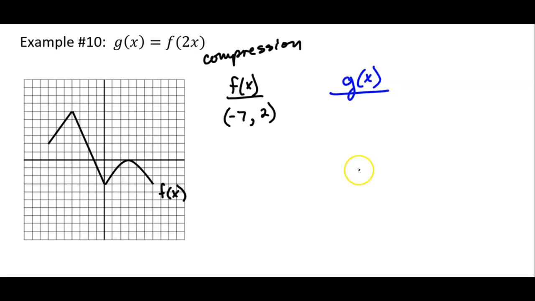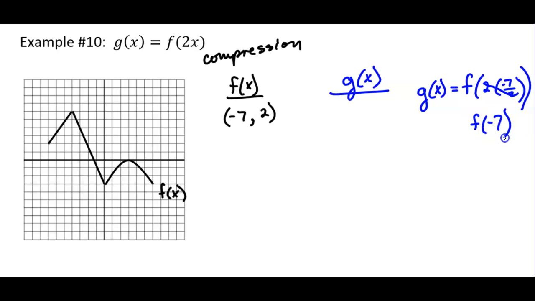Okay, so here's how it looks. g of x is equal to f of 2 times -7 halves. So if I put in -7 halves or -3.5, then those 2's cancel and I get f of -7.